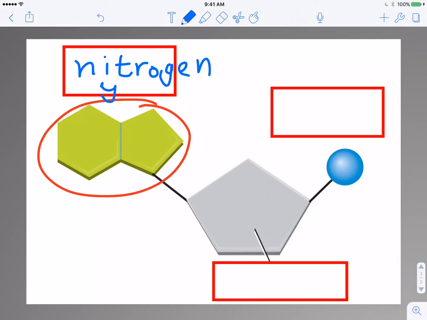Let me retry that. There we go. Okay, this is our base, if you will. There we go. Okay. What we have right here, this is our phosphate group.